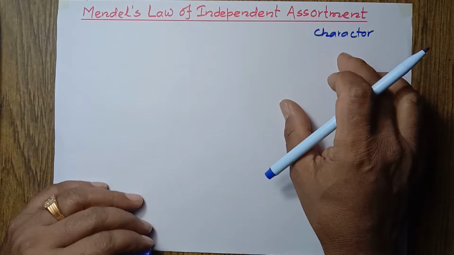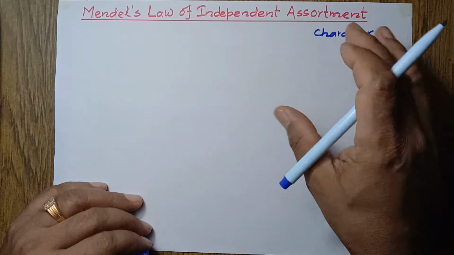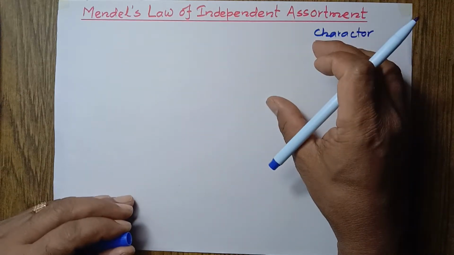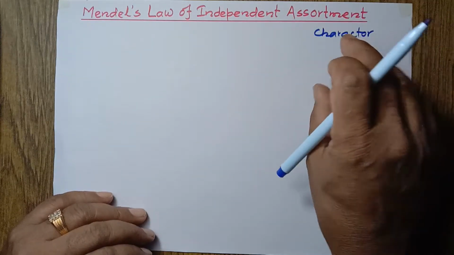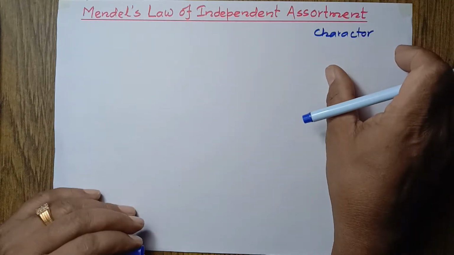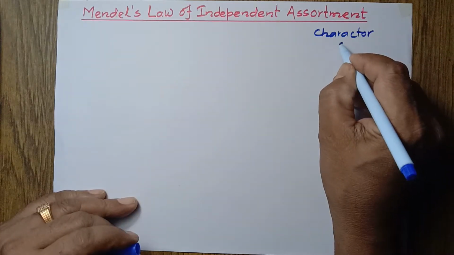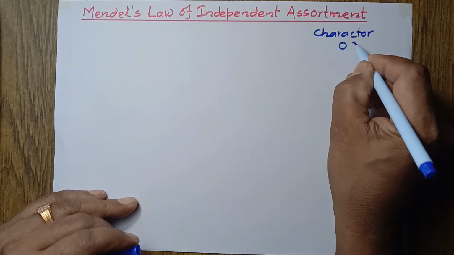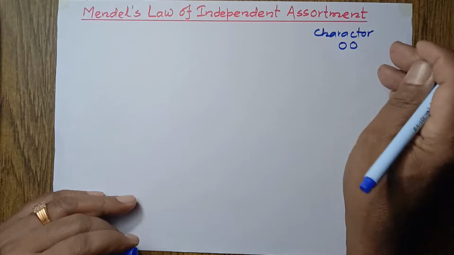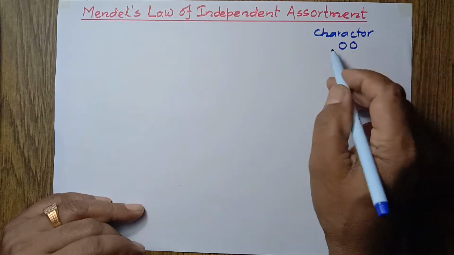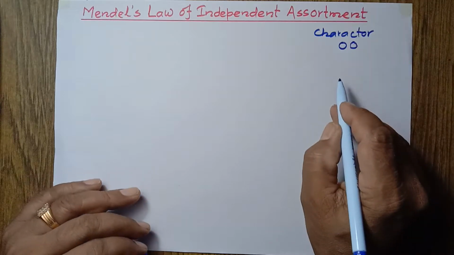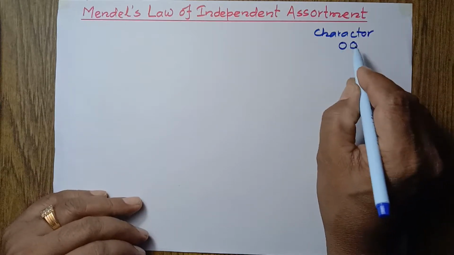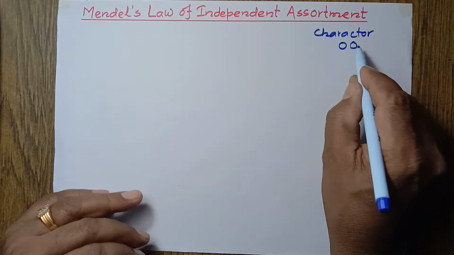In the same way, another character we can take is the color of flower, maybe red, maybe white. And in the same way, texture of seed. Texture of seed may be round seed like this, or maybe wrinkled seed. This is the texture of seed having two different genes or two different factors according to Mendel: the character of being round and the character of being wrinkled.